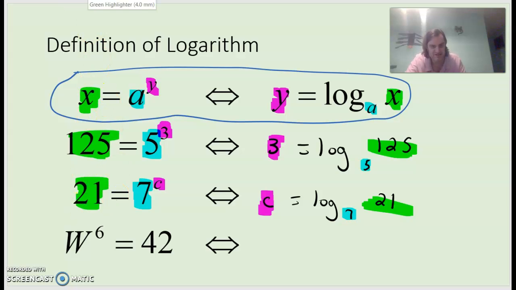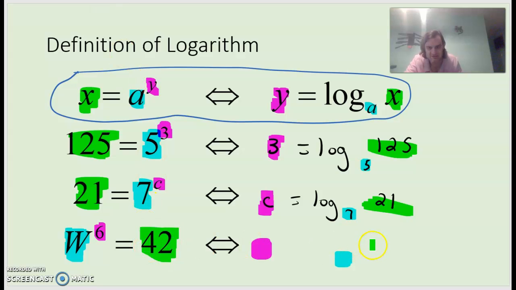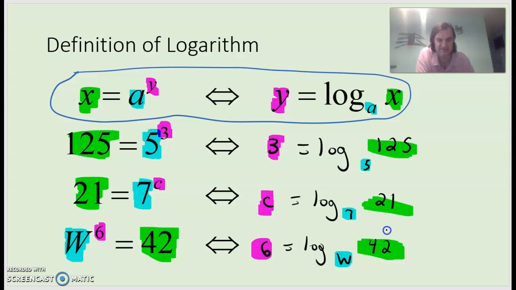So depending on how I want to tackle that, the base here is w to the 6 equals 42. So w is the base. The 6 is the exponent. And the 42 is the argument. Okay, so I'm going to write it out as 6 equals log base w of 42. So hopefully you can see the transition from one side to the other.